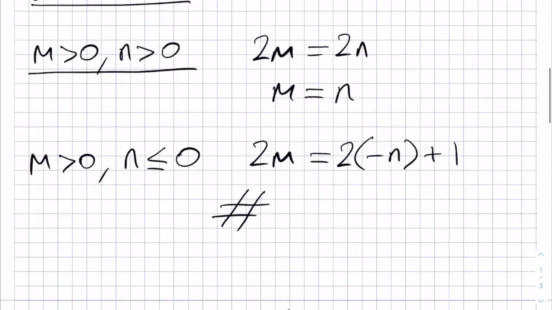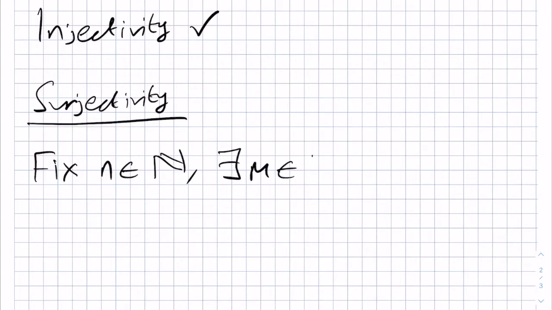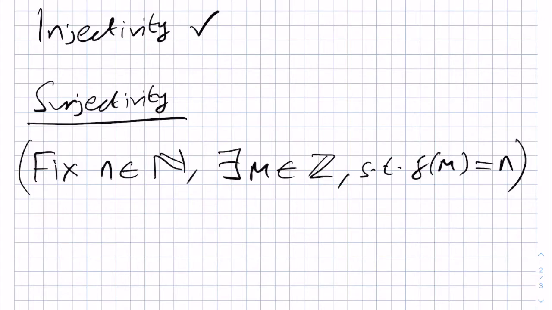So in symbols, we can fix a natural number n, and then we want to show that there exists an m in the integers such that f of m is equal to n. This is what we need to show.